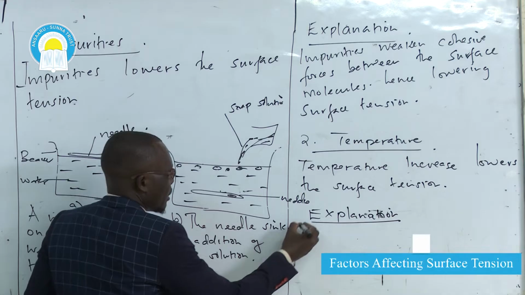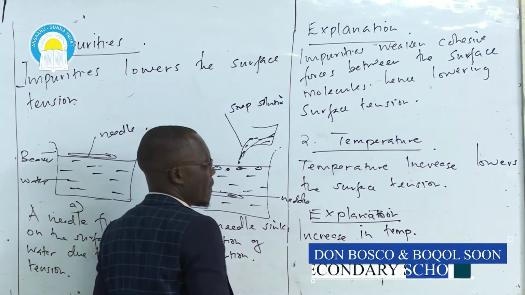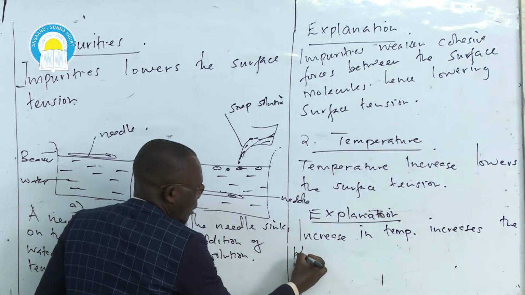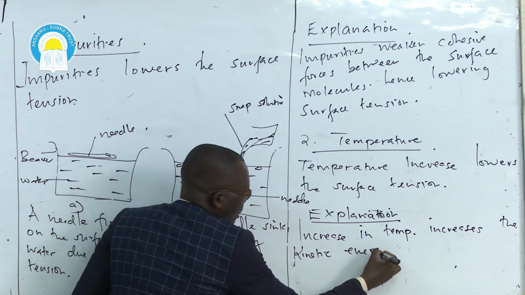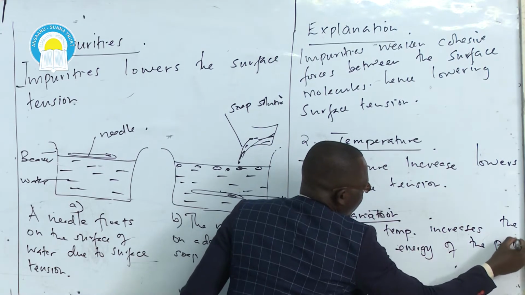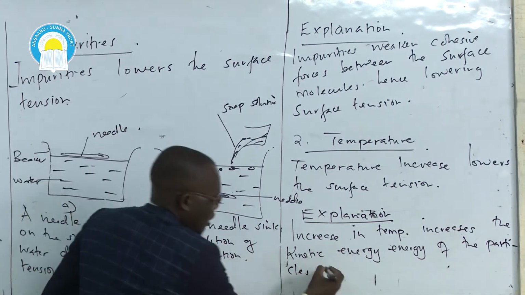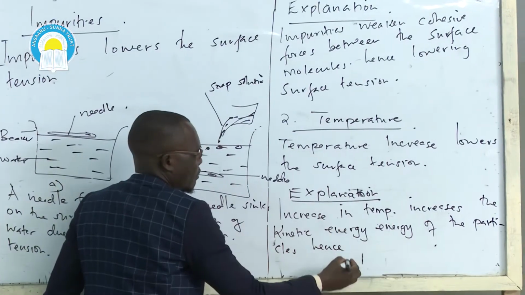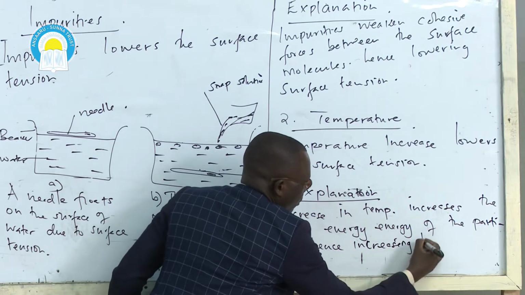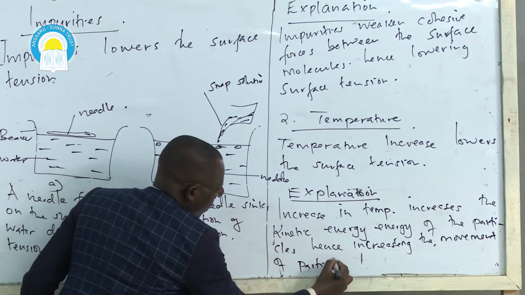So we write and say, increase in temperature increases the kinetic energy of the particles, hence increasing the movement of particles.